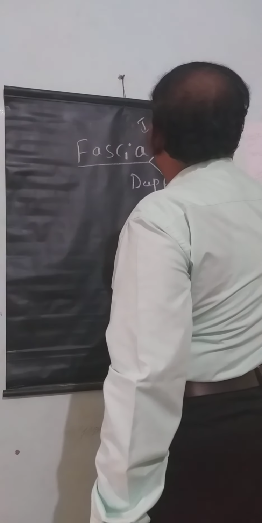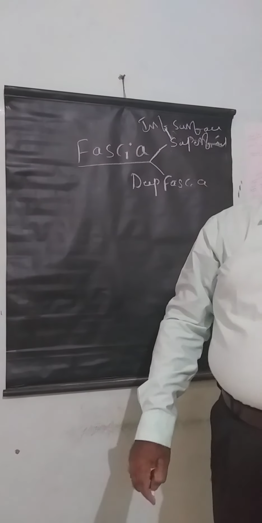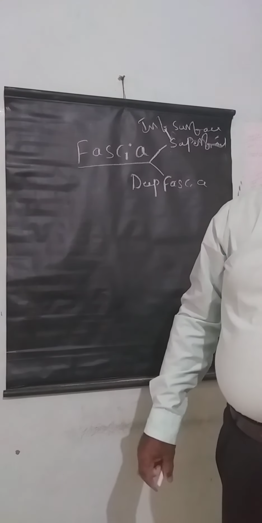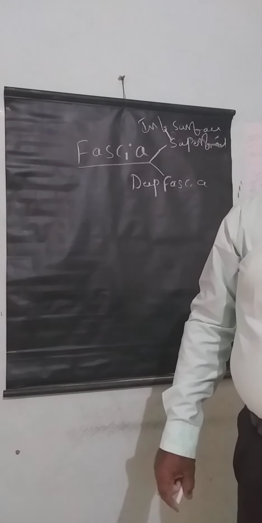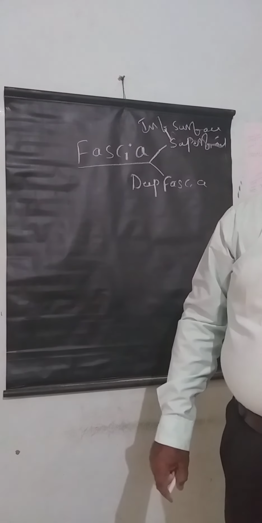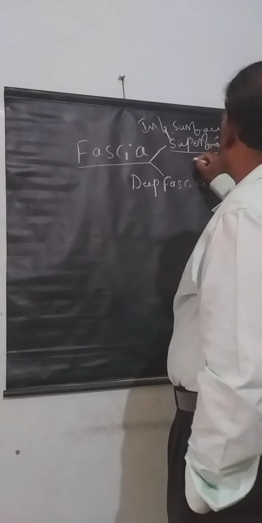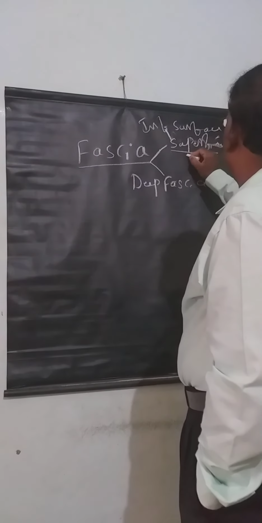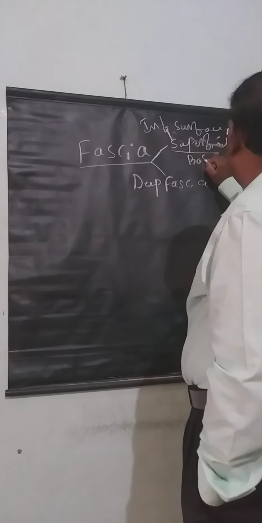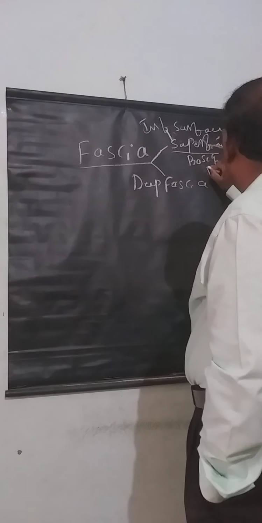The superficial fascia covers the inferior surface of the gland and the base of the mandible.